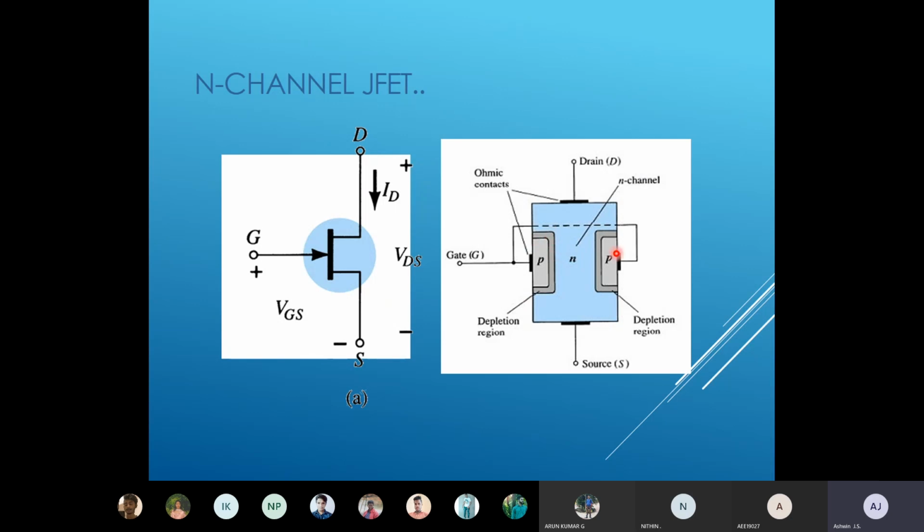Due to that, the flow of electrons becomes constant, so the current becomes constant. That voltage is called the pinch off voltage; after crossing the pinch off voltage, the current becomes constant.